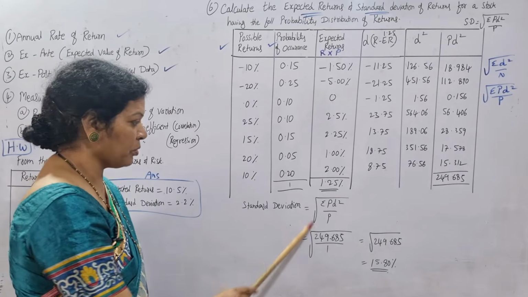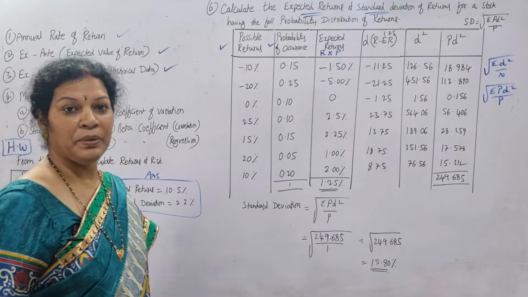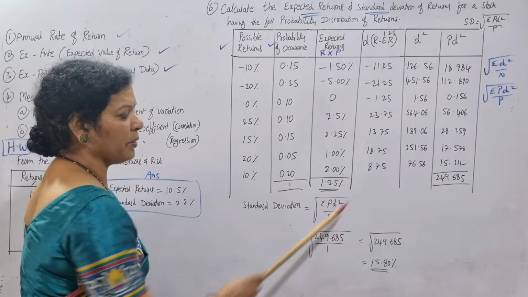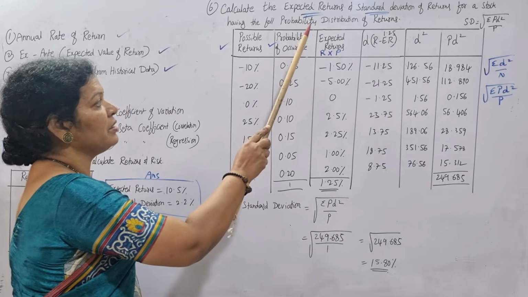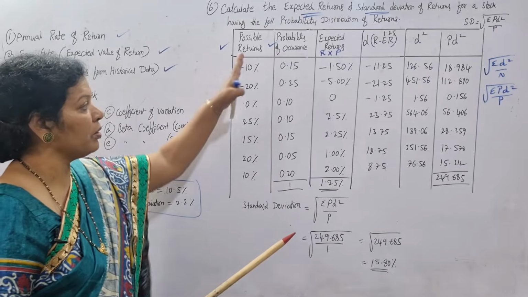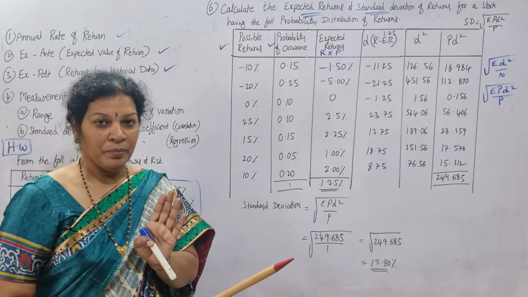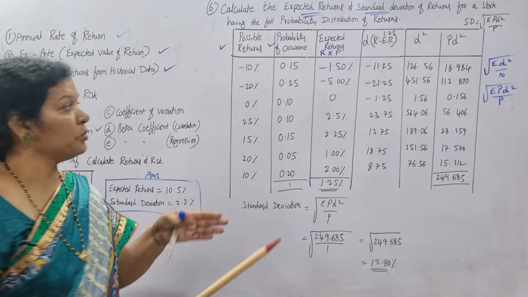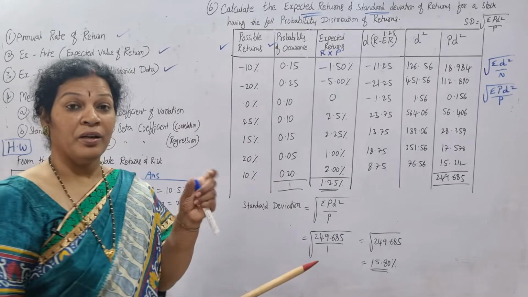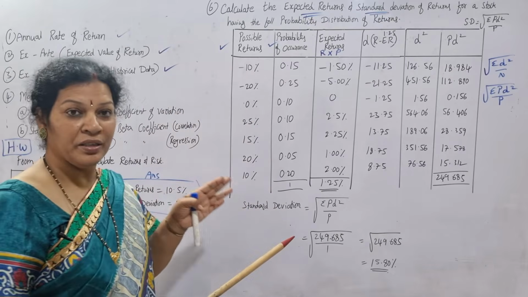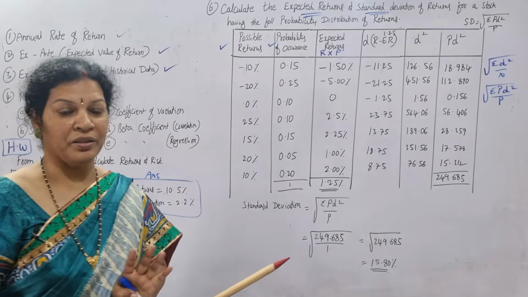Now standard deviation is equal to root of sigma PD square by sigma P. Sigma PD square is 249.685. P is probability. Probability always, if you total up, it will be 1 only, means 100%. This you are dividing. How much will be the possible probability of each and every return, you have just divided.